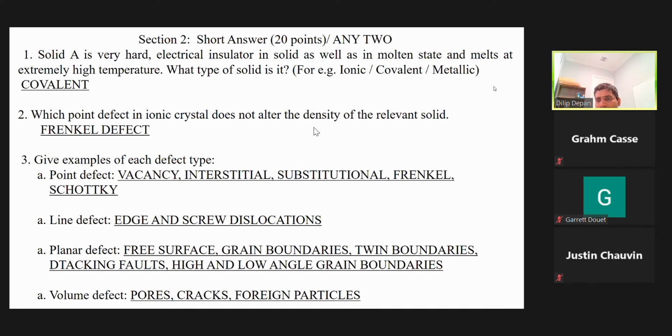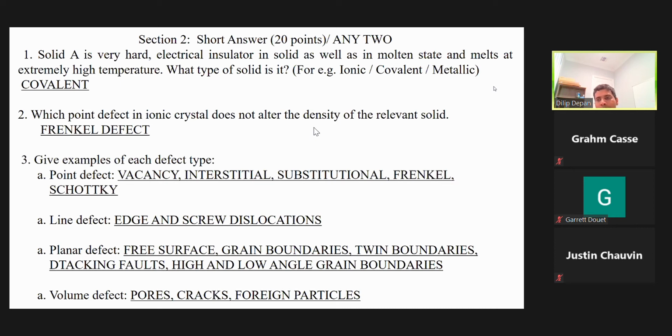So definitely it cannot be an ionic compound, right? Because ionic compounds are conductors in their molten state. And it says it's an insulator in solid as well as in molten state. So it cannot be metallic either, right? Because metals are conductors, metals are not insulators.